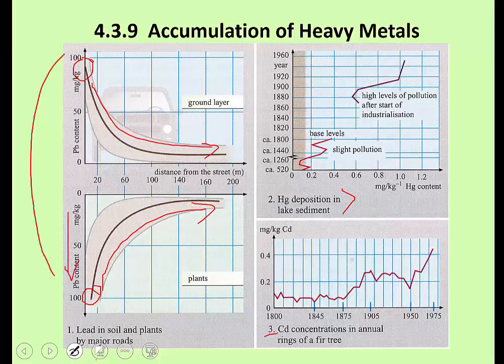So mercury was not something that was seen in very high levels. If we go back to sort of prehistoric and early historic times, we can see very, very low levels, stayed pretty level. You know, it was base with a slight amount of pollution as humankind sort of took off there. But you can see right about the point of industrialization.